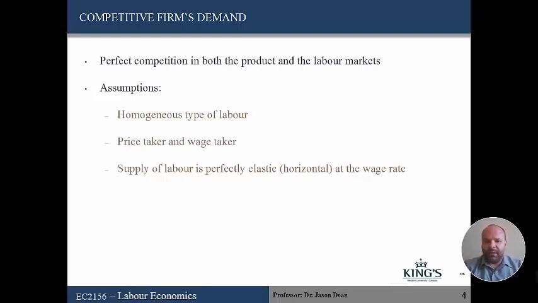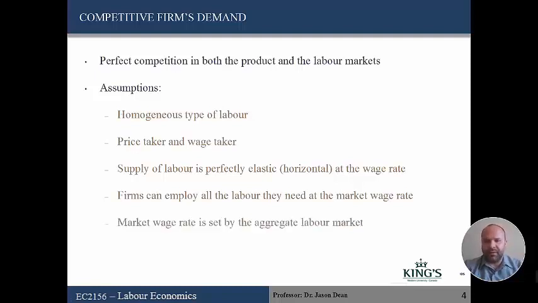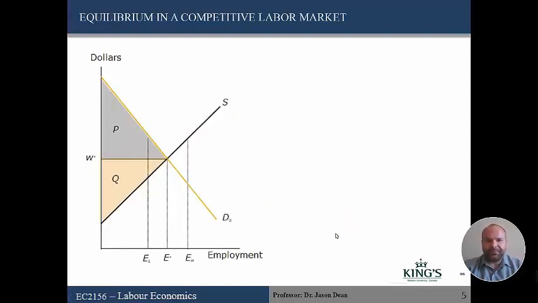And if they pay above the market wage, well, they'd just be wasting money because they can hire as much labor as they want at the going market wage. And that's the fourth point here. So again, the firms can employ all the labor they need at the market wage. That's an assumption of the perfectly competitive market. And so, of course, the market wage rate is set by the aggregate labor market. That's what the firm is going to take as given.